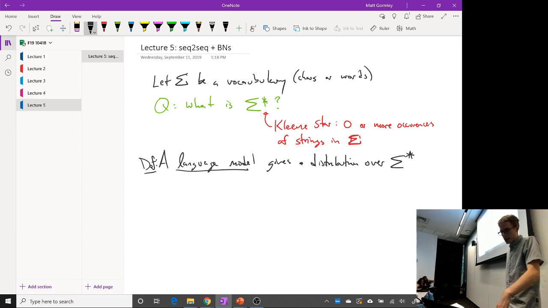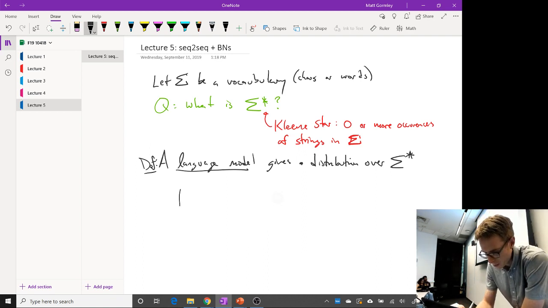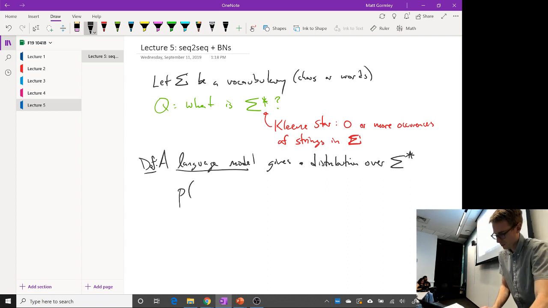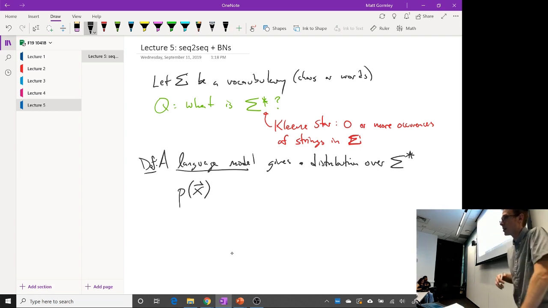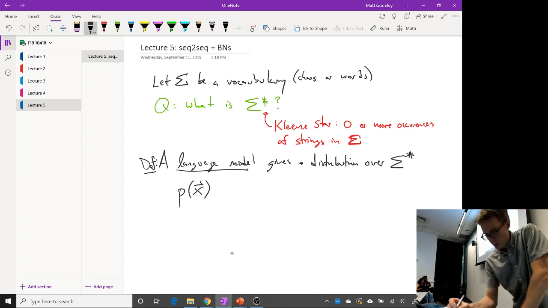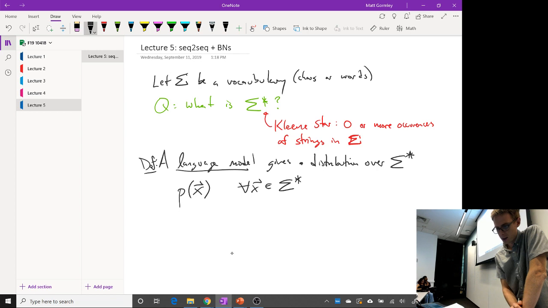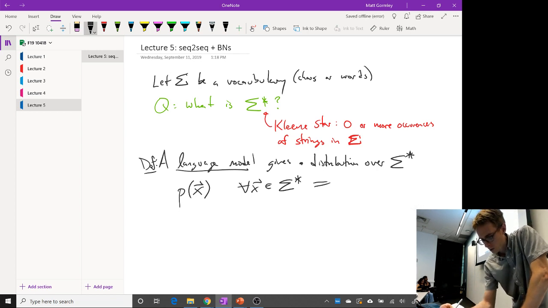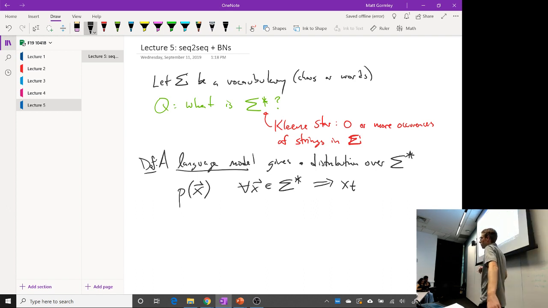So what we could say further is that we're going to end up with some probability distribution that is a joint distribution over elements x for all elements x in this set sigma star. So what does this imply about x_t? What's its type?